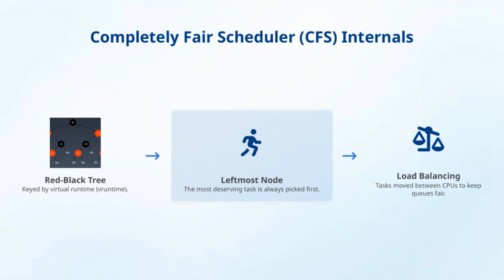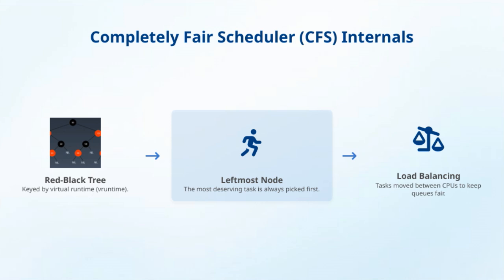Now, when it comes to selecting which task to run next, CFS always picks the most deserving task first. The most deserving task is determined by its virtual runtime, or vruntime, which is a way of tracking how much CPU time a task has used relative to others. The task with the smallest vruntime is considered the most deserving because it has had the least amount of CPU time so far.